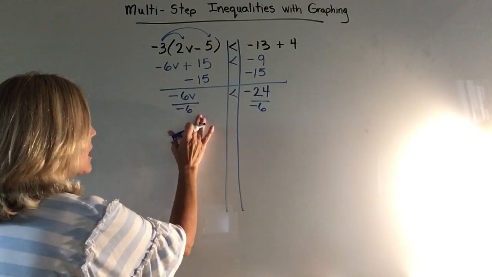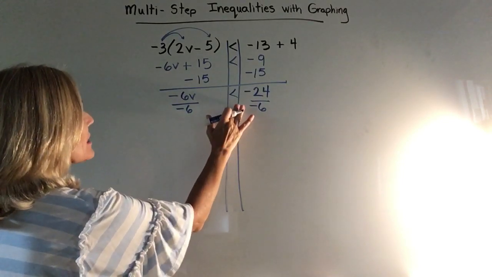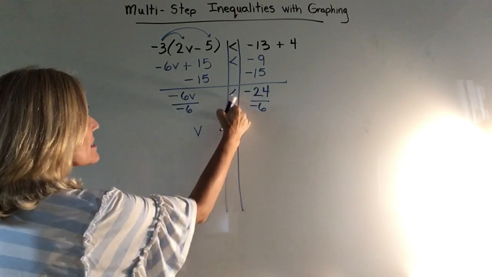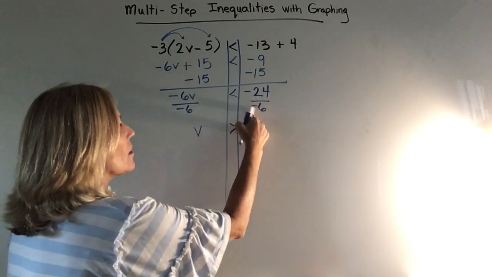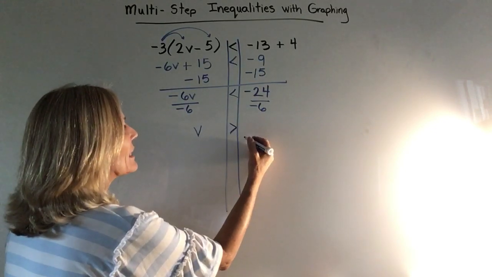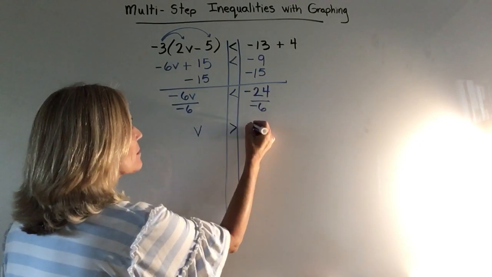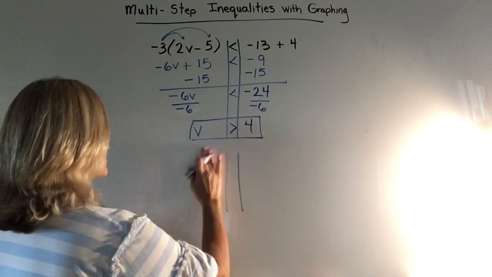Whenever you multiply or divide by a negative number, the sign switches. So this will become v. Instead of less than, it is now greater than. And a positive divided by a negative, a negative and a negative is a positive. 24 divided by 6 is 4. So that is v is greater than 4.